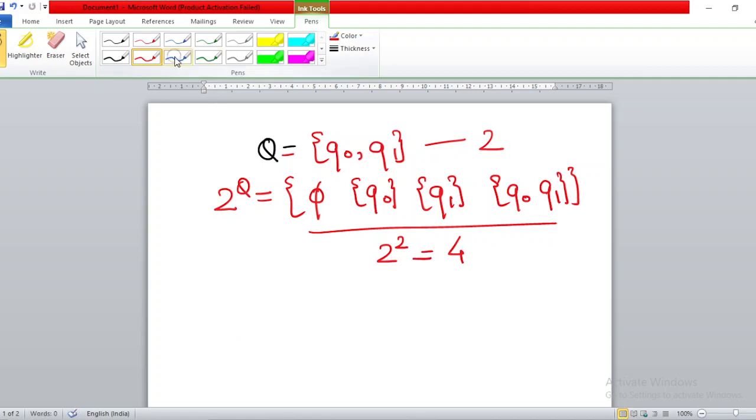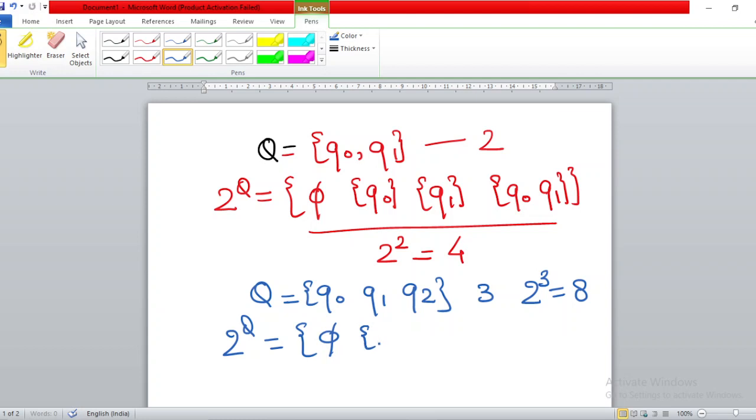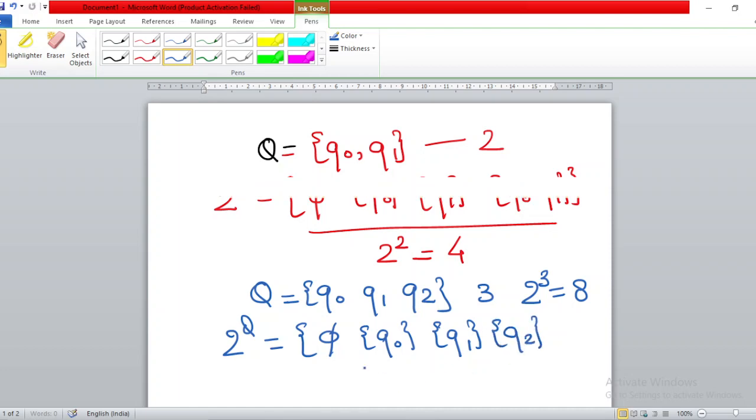Right? Now supposing Q is having 3 states, that is q0, q1 and q2. Now you calculate the power set of this, 2 to the power Q. How many elements are there? 3 states are there. So how many elements in the power set? 2 to the power 3, that means 8 elements will be there. So the empty set, q0, q1, q2, all possible subsets that you can make from this set of states.